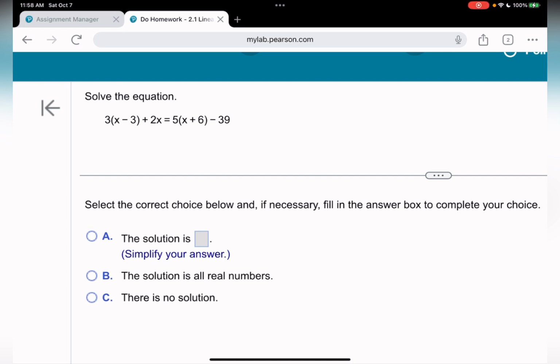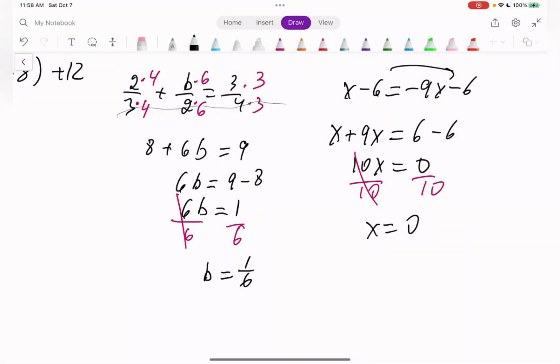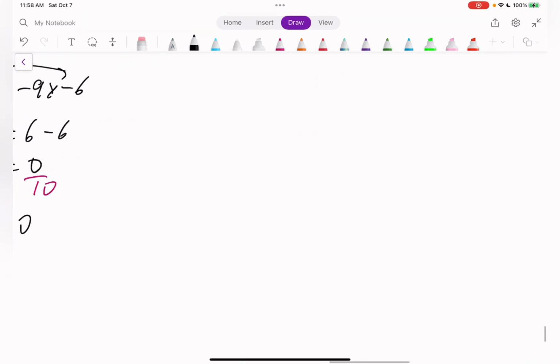Well, this one I am also going to solve. So we have 3 times x minus 3 plus 2x equal 5 times x plus 6 minus 39.